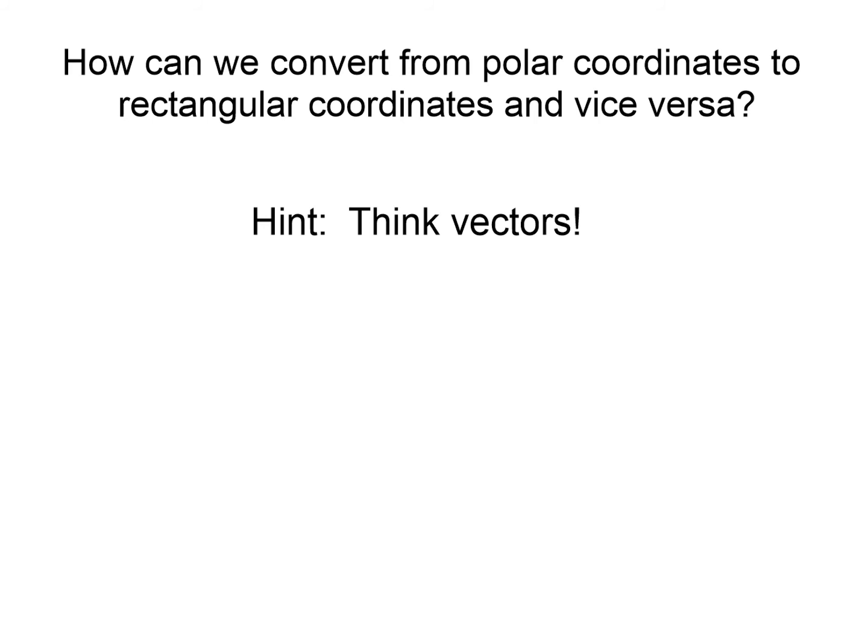All right, next up, how can we convert from polar coordinates? Remember, polar coordinates are going to be r comma theta, to rectangular coordinates, which are just our plain old x and y. And so again, the good part is we get to connect this to what we did last time with vectors.